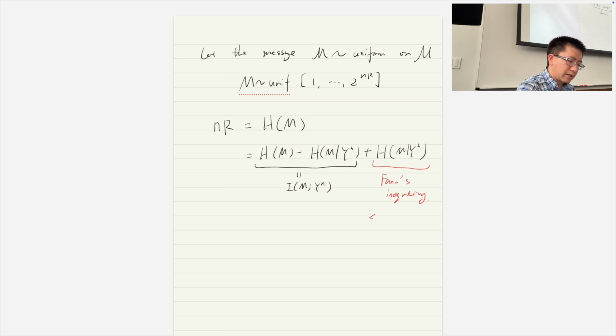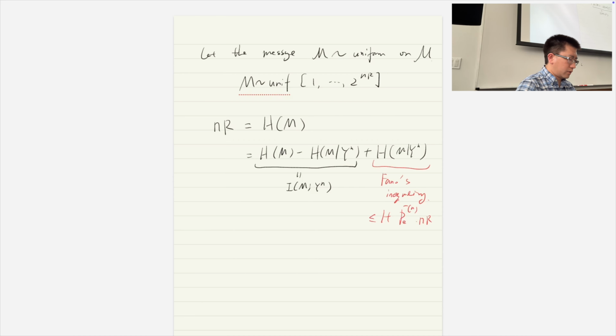this guy will be less than what? Anybody remember? Tell me the formula. 1 plus error probability times log of the cardinality of X. Very good, which is nR. Actually, log of that minus 1, but this minus 1 doesn't matter.